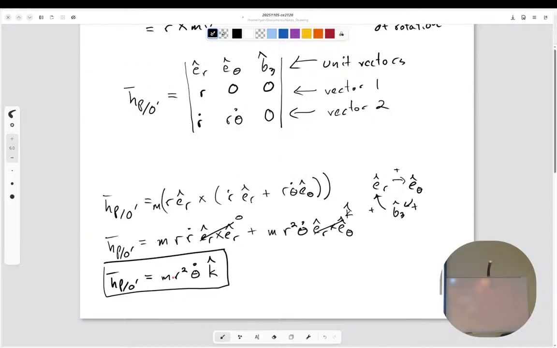Something different? Okay, I did that one across the board. So let's start up here. Your E R term is going to be 0 times 0. For E theta, you're going to say 0 times R, still 0.